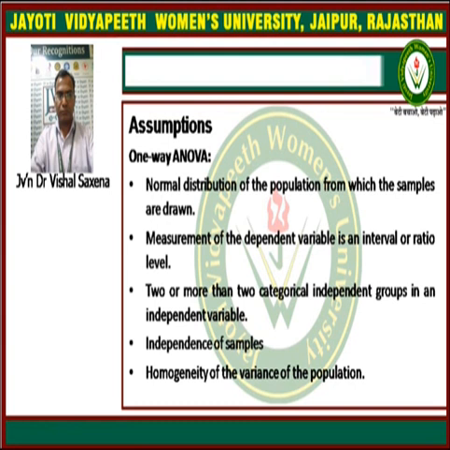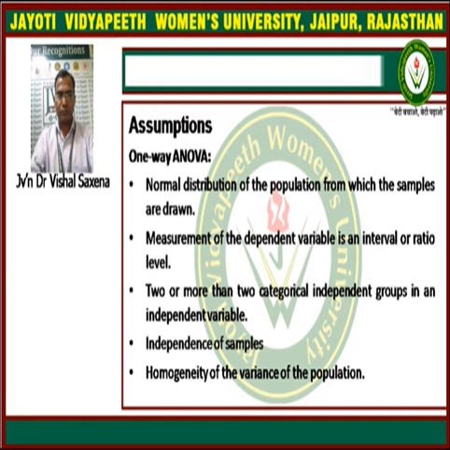Now assumptions. What assumptions should be taken for the one-way ANOVA and the two-way ANOVA is an important part. So in the one-way ANOVA, what assumptions should be taken? The first point is normal distribution of the population from which the samples are drawn. Next, the measurement of the dependent variable is at an interval or ratio level.